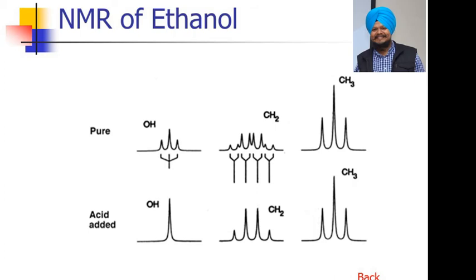So the CH2 peaks are not divided into further parts. Therefore 1, 2, 3, 4, the CH2 in acid catalyzed ethanol is a quartet, and in pure ethanol it is not a quartet, it is a multiplet, because it can exchange energy and spin with the neighborhood, that is the OH, which is near to it.